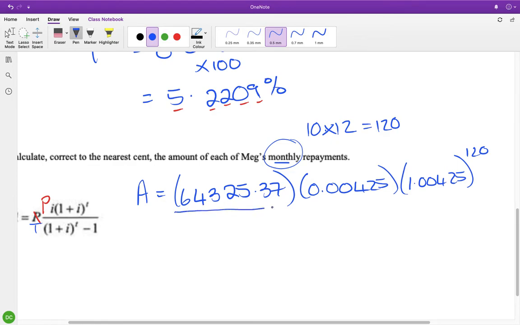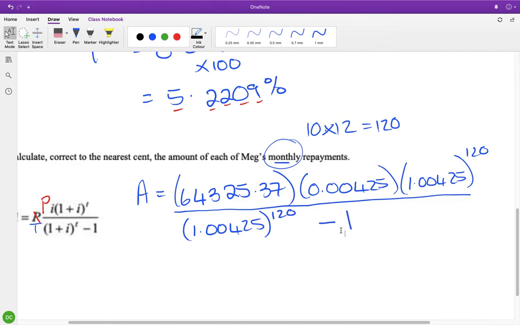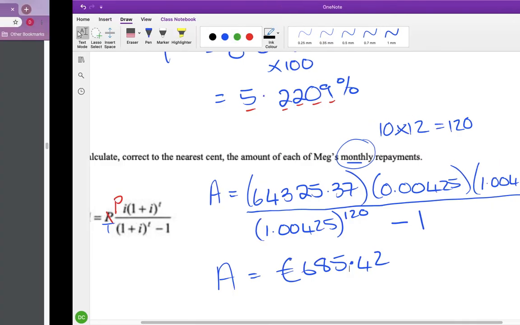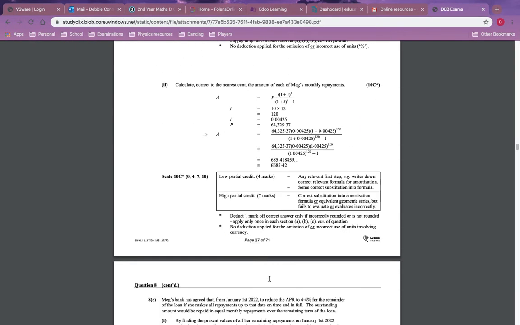Okay, and then the bottom line is 1 plus I again, which is 1.00425 to the power t, which is 120, and then minus 1. If you type all of that in, I think you get €685.42. And that's her repayment.